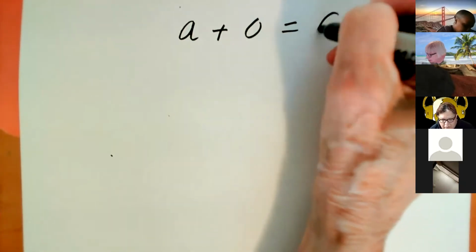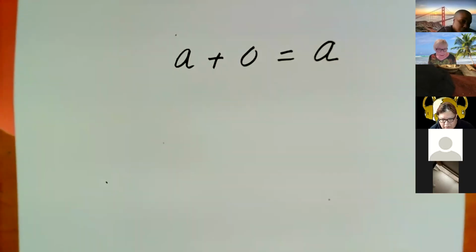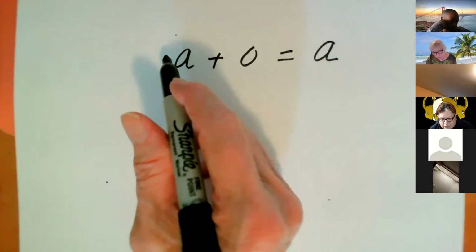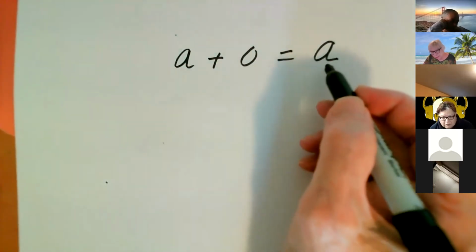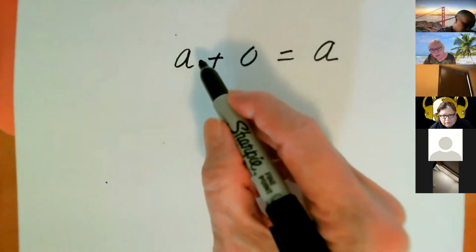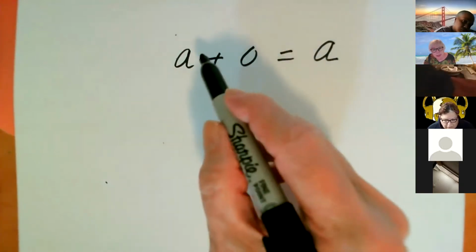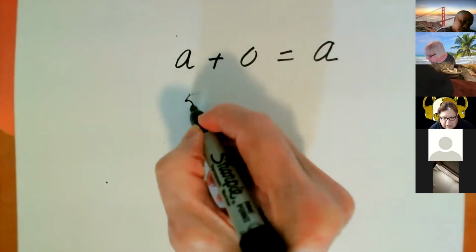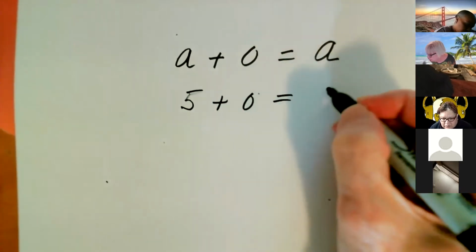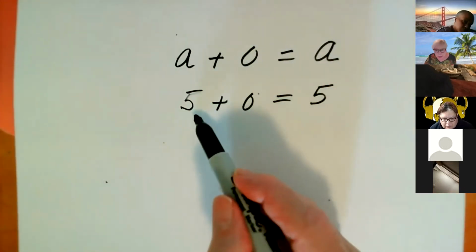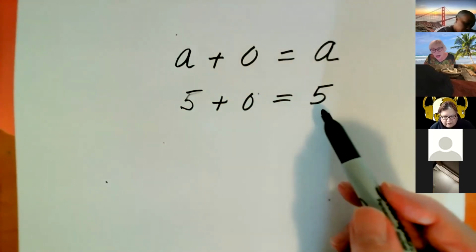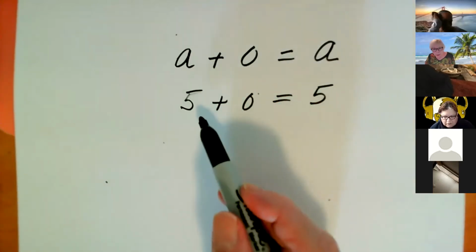Now, this is one way they would show it to you. And what this really means is when you add zero to any old number, what you get is any old number. Now, the reason this might not make good sense is because this is not concrete. So if I did it like this, that is concrete. I take a 5, I add 0. What do I get? The same thing, the identical thing I started with.